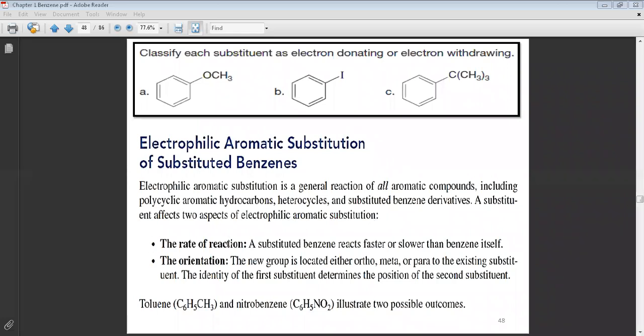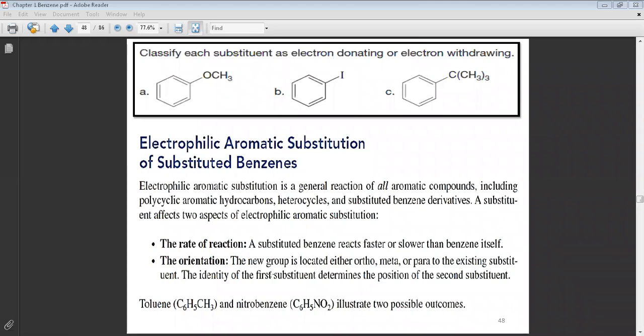First, the rate of reaction can increase or decrease depending on the substituent. That means the substituent can activate or deactivate the benzene ring. The second one is the orientation, meaning direction. The new group is located either ortho, meta, or para to the existing substituent.